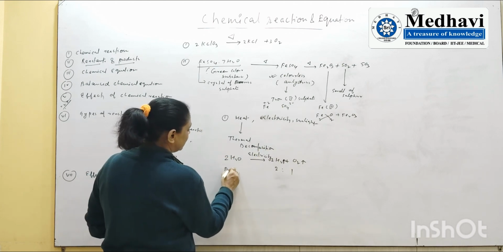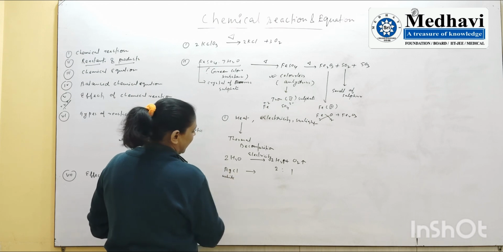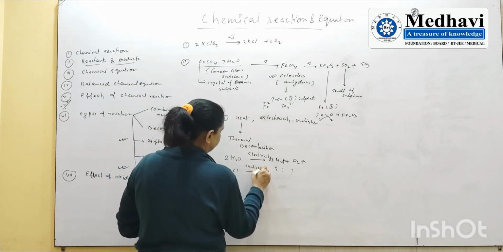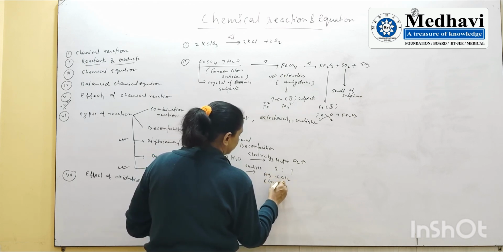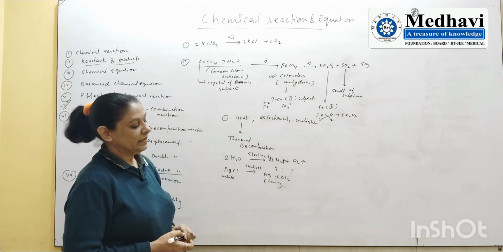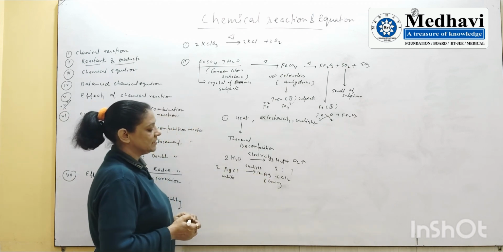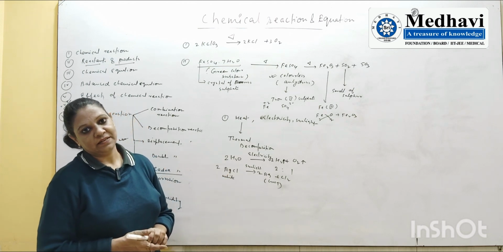You can take silver chloride. Silver chloride is a white substance, and when it is kept in presence of sunlight, it turns to silver plus chlorine gas and its color changes to grey. This grey color formation shows that silver chloride decomposed to give silver.